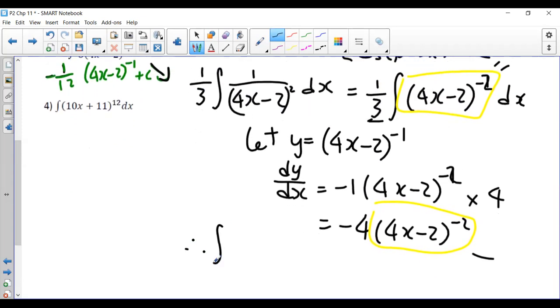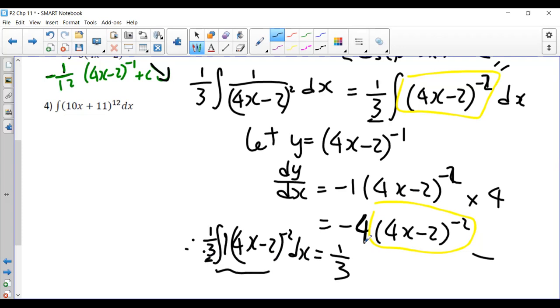Therefore, the integral of one third of (4x minus 2) to the power of minus 2 dx is the same as, now the third outside, we're going to rewrite it, 1/3. Now the integral of (4x minus 2) to the power of minus 2, we're comparing a 1 to a minus 4.